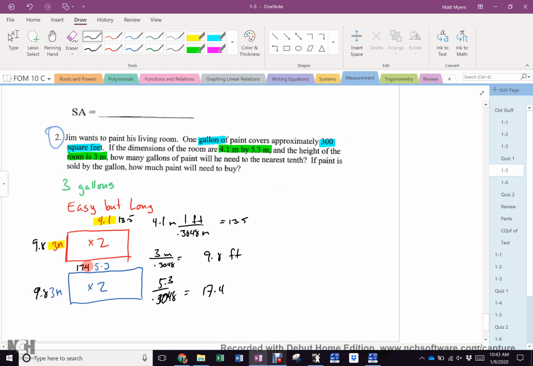Now, can we find all the square feet? Yes or no? How do I find this square footage now? So the red walls, what is it? 13.5 by 9.8 by 2. And the blue walls are 17.4 by 9.8 by 2, and that's going to give me my square footage, yes?